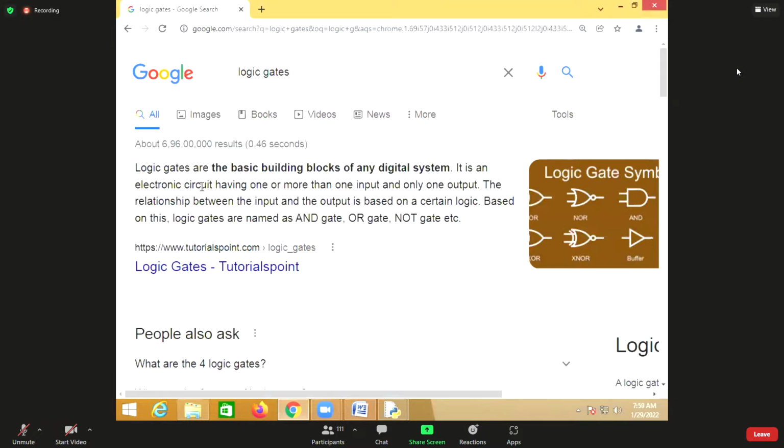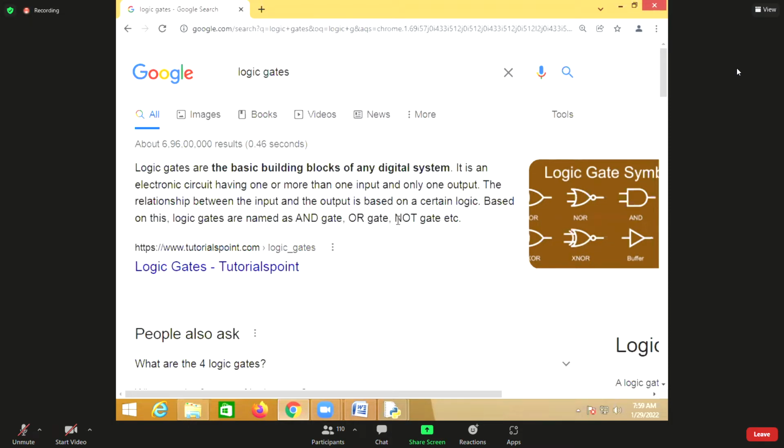It is an electronic circuit having one or more than one input and only one output. The relationship between the input and output is based on certain logic. Based on this, logic gates are named as AND gate, OR gate, and what is that?